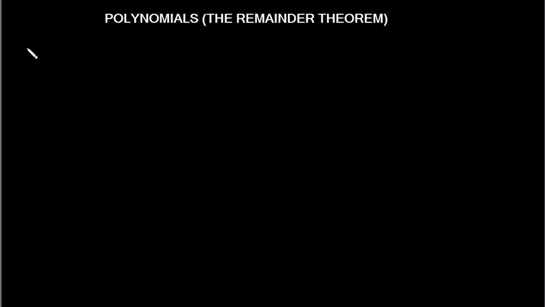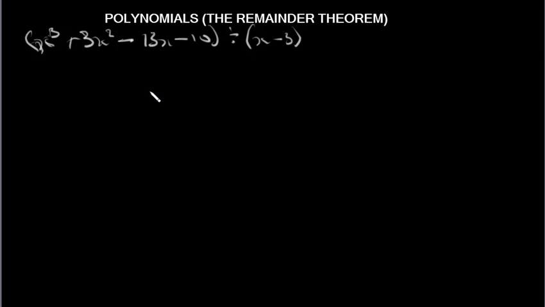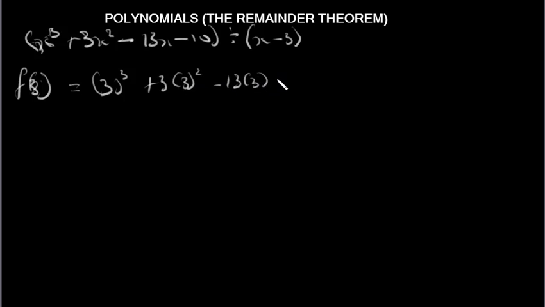Now, if we are given to evaluate x cubed plus 3x squared minus 13x minus 10 divided by x minus 3, to get the remainder, one way to do it is to have f of 3 equals 3 cubed plus 3 into 3 squared minus 13 into 3 minus 10.